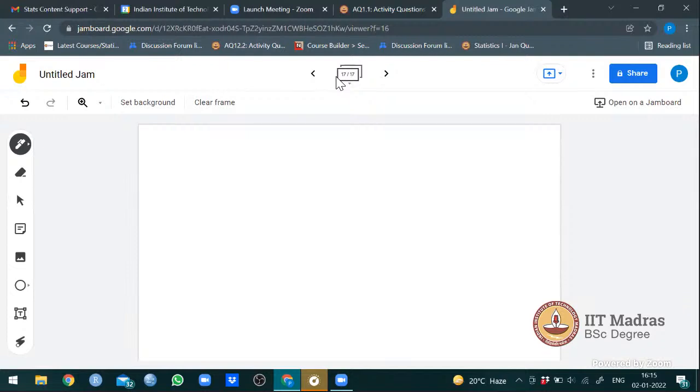For time series, it's clear because the time varies, but for cross-sectional, I'm not able to relate the meaning and definition. Cross-sectional is an English word meaning that at a specific time we are collecting some different data. I will check and get back to you clearly. Okay, sir. Thank you.